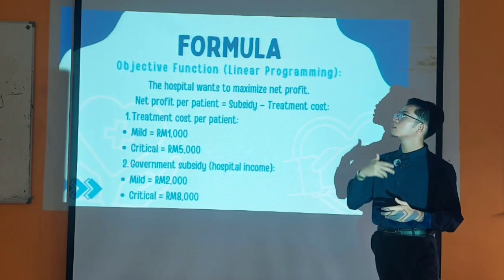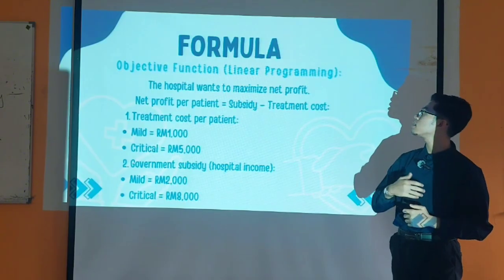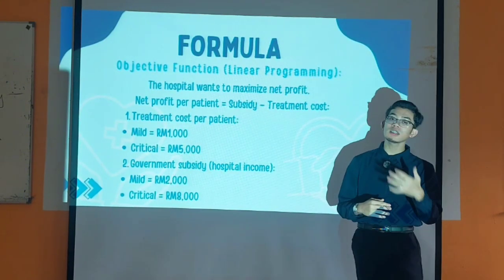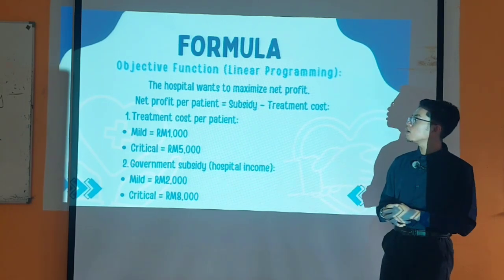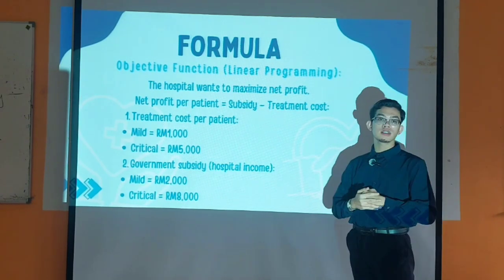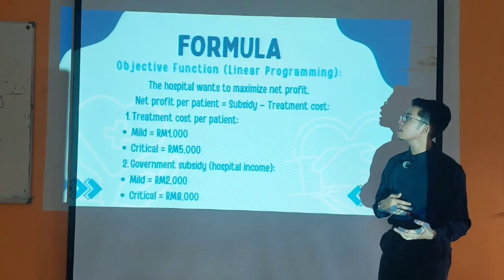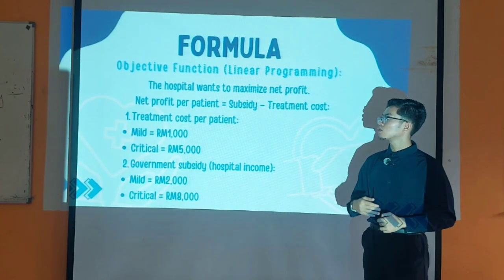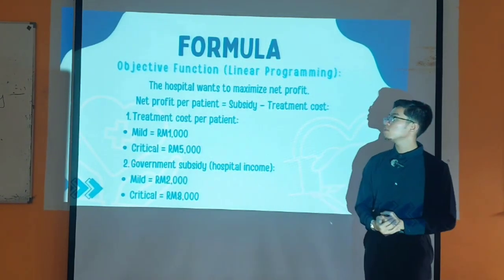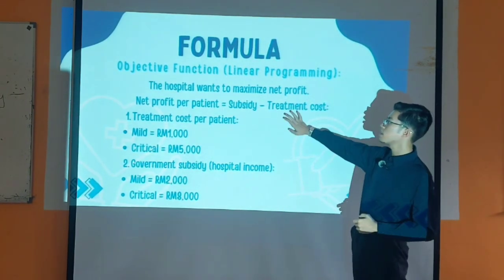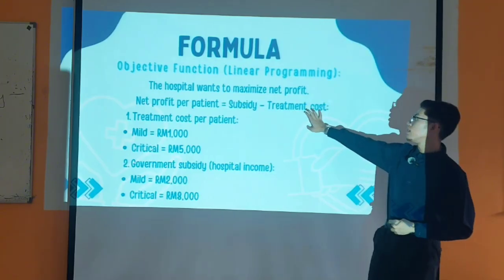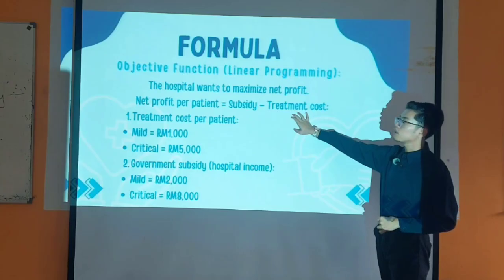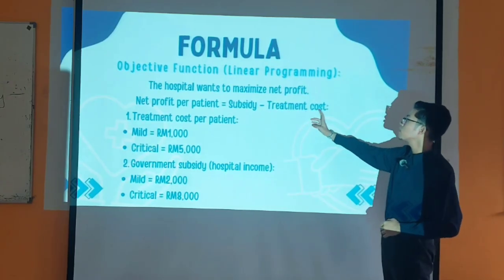For the last formula, we will be using linear programming to search for the objective function. Here we want to find the maximized net profit for the hospital. To find it, we will use this formula: net profit per patient equals the subsidy it gets minus the treatment cost.